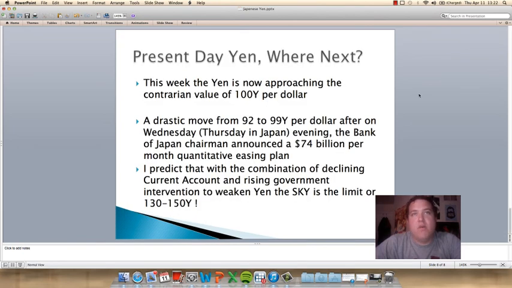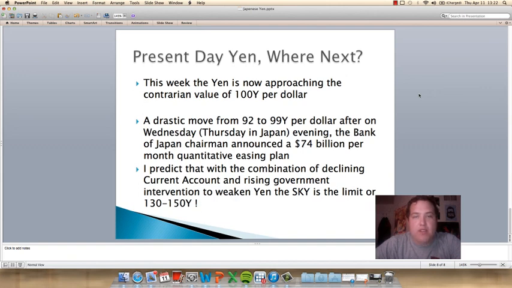Now let me talk to you about where the yen is today and where it might be next. This week, the yen is approaching the contrarian value of 100 yen per dollar. There was a drastic move Wednesday from 92 to 99 yen per dollar after the Bank of Japan chairman Shinzo Abe announced a 74 billion per month quantitative easing plan.